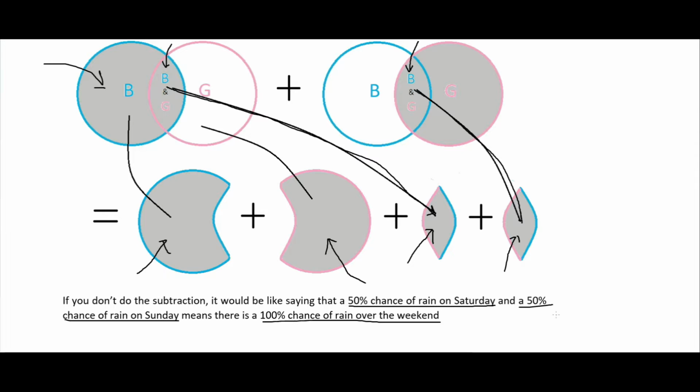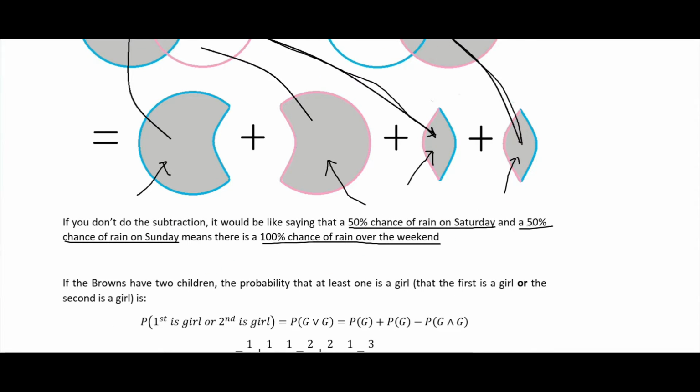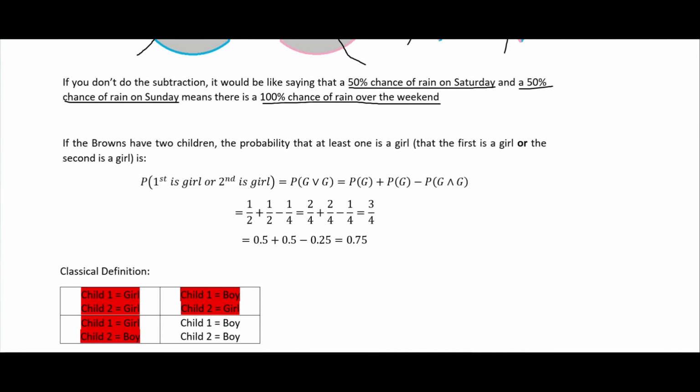So there should be some percent chance of no rain for the conjunction of both days. But if we are adding that twice, then we end up with that 100% chance. If we are not doing the subtraction, we will get the wrong answer.